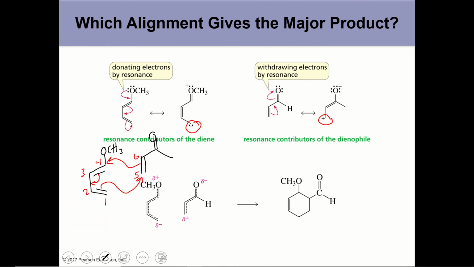Let's draw the new bonds in red. The new sigma bonds I'm going to draw in red. Okay, and we still have our carbonyl group, and we still have our methoxy group.